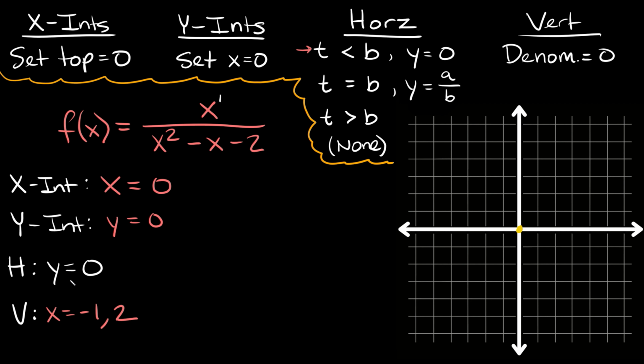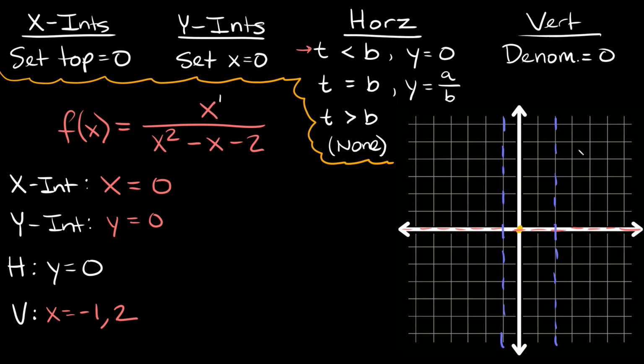And then we have our horizontal asymptote at y is equal to 0. This is our y-axis right here. This is 0. So that means we have a horizontal asymptote right here along the x-axis, right on top of the x-axis. And then we have two vertical asymptotes at negative 1 and positive 2. So here's our x-axis, and we have a vertical asymptote at negative 1 and positive 2.